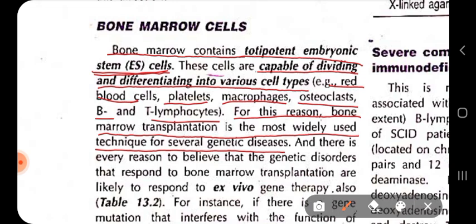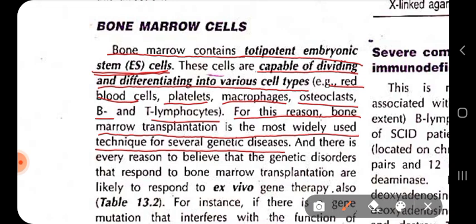Now this requires a lot of money. Obviously cost factor is an important limitation for bone marrow cell in gene therapy, because we have to transplant a short fragment of bone marrow having that normal gene to correct that human disorder. And why are we using bone marrow?